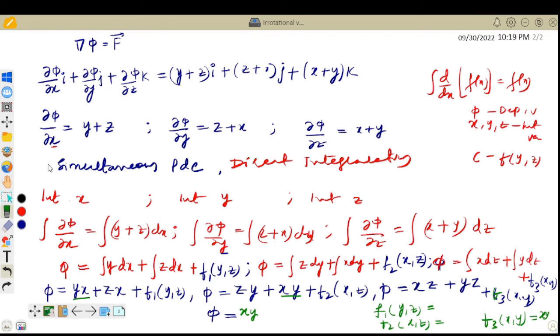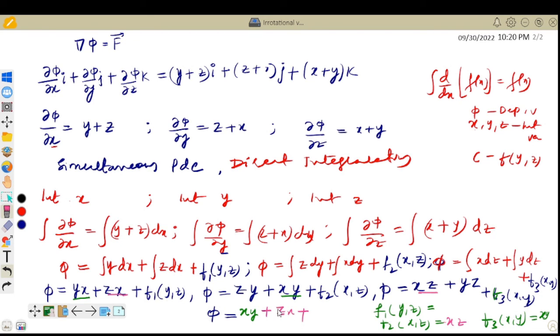Similarly, you can observe zx is present in the first equation, zx or xz is present in the third equation, but is not present in the middle one. So you need to take f2 of xz. xz is a function of x and z. You can take it as xz, and xz is present in all three equations. You write here xz or zx.